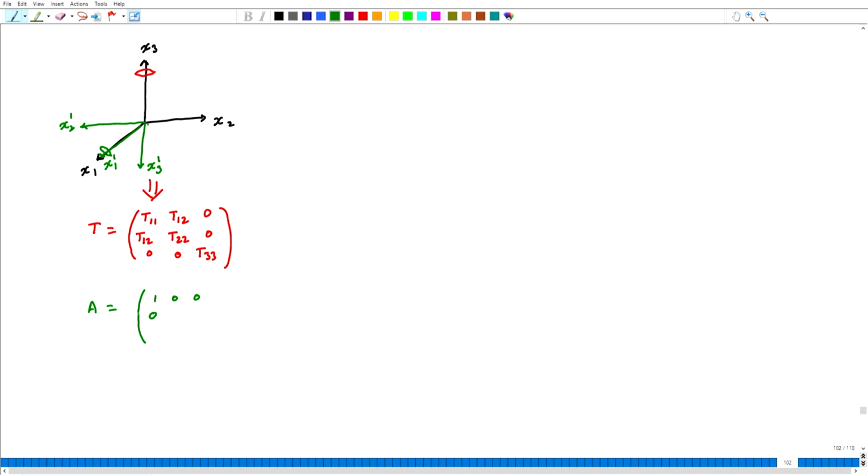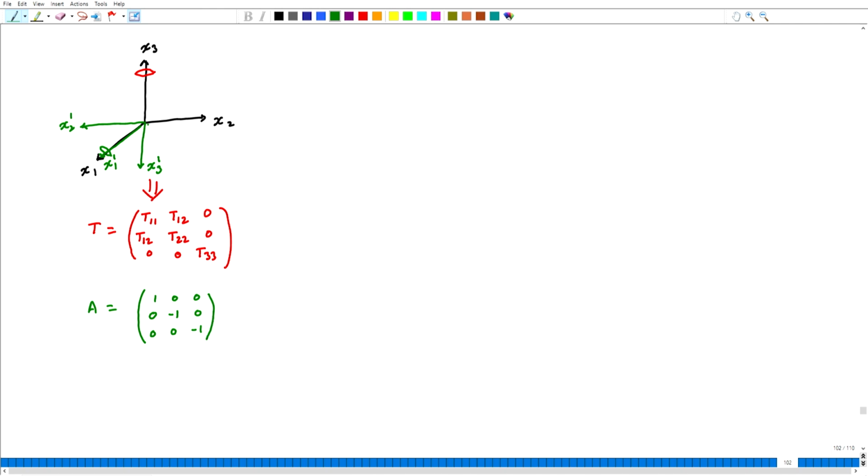For the 2 prime axis, it makes a 90 degree angle with the x1 axis, so 0, and x2 prime makes 180 degrees with x2, so cos of pi, that is minus 1, and then 0. Similarly for x3 prime it is 90 degrees with x1 and x2, so cos of 90 is 0, the second one is also 0, and x3 prime is 180 degrees with x3, so cos of pi, so minus 1. So, this is my direction cosine matrix.